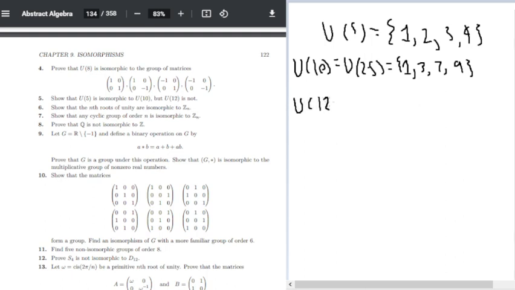U12 is equal to U of 2 times 2 times 3, which is equal to 1, 5, 7, 11.